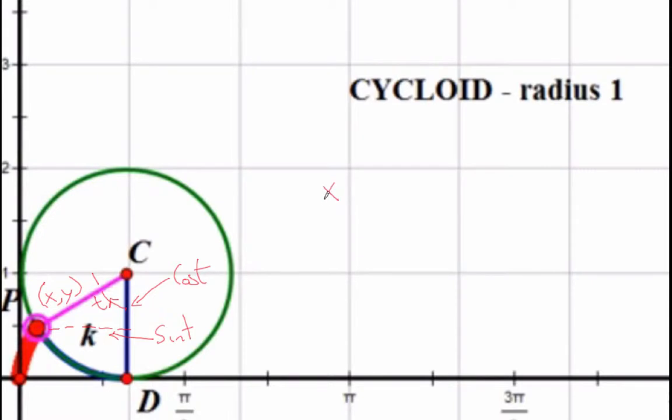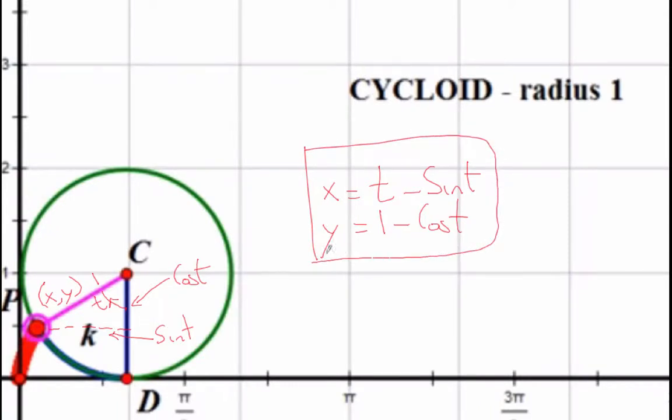So x is going to be the distance d, which is t itself, minus sine t, and y will be the height of the point P above the ground, which is 1 minus cosine t. These are the parametric equations of the cycloid.